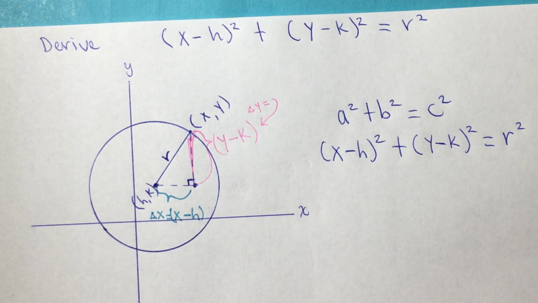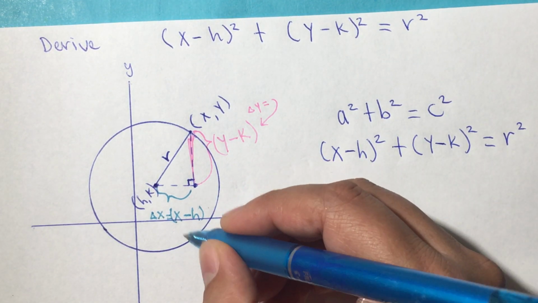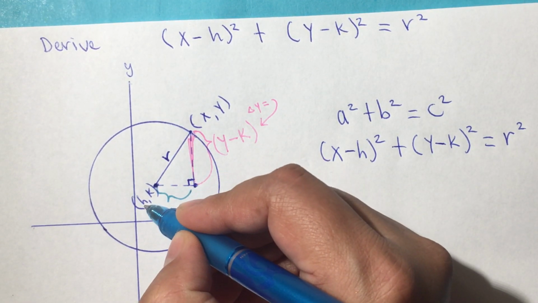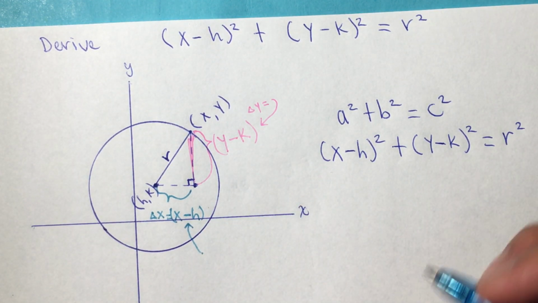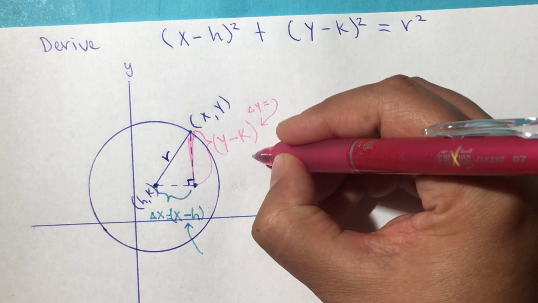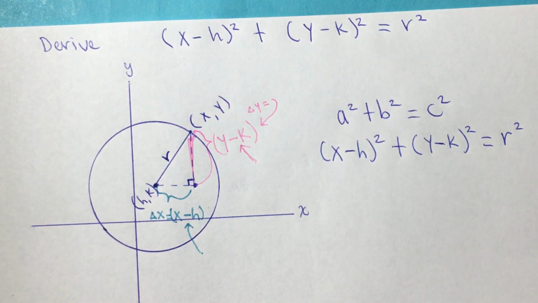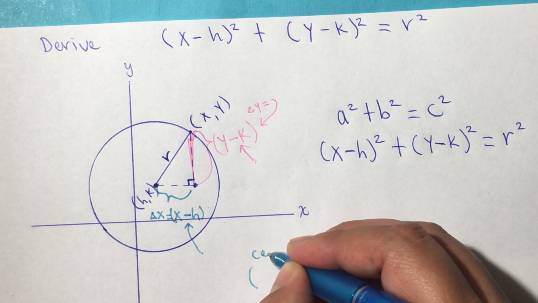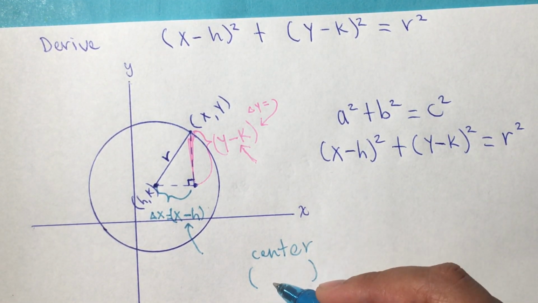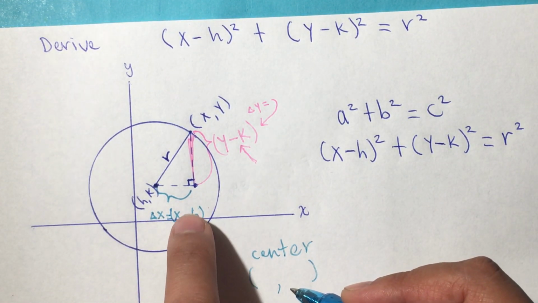One thing that I want you to notice before we go on to graphing is that in here, the point is positive h, positive k. But in our formula, it's negative h. And for y, it's also negative. So when we're looking for our center, it will always be the opposite of what we have in there.